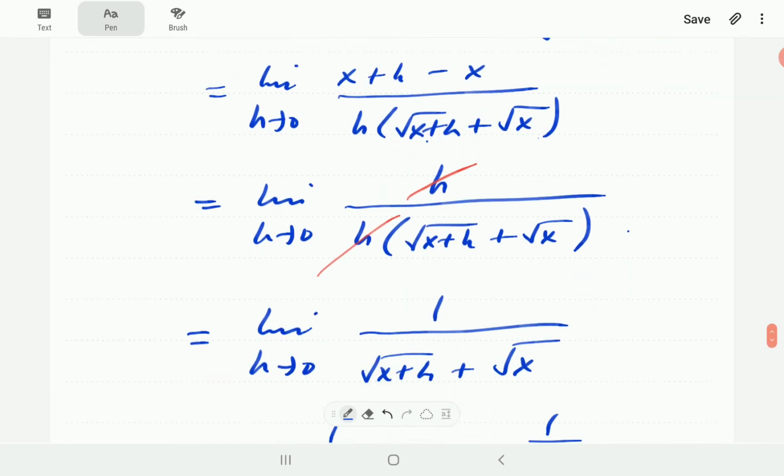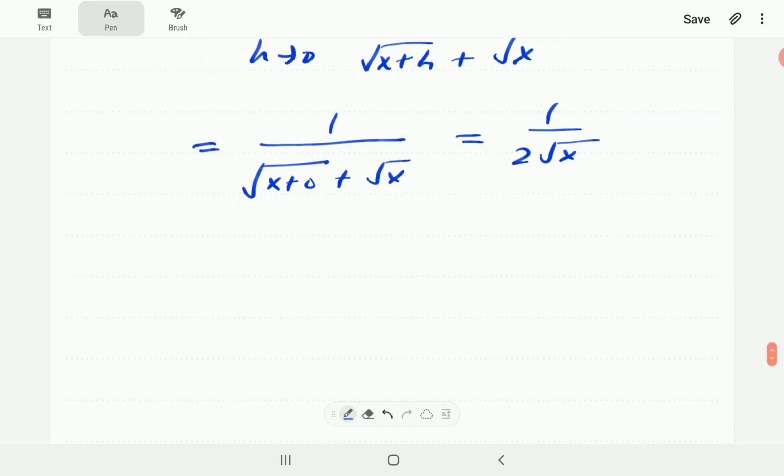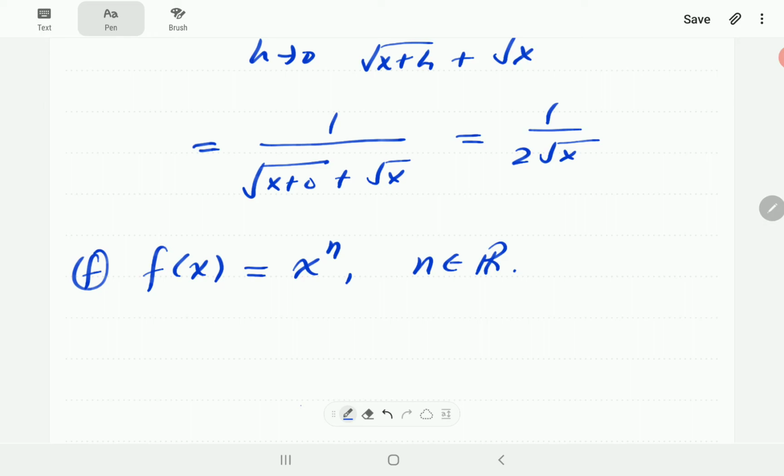All right, just one more, then we'll give you two to have a go at. Now in F, we have f of x equals x to the power n, where n is a real number.